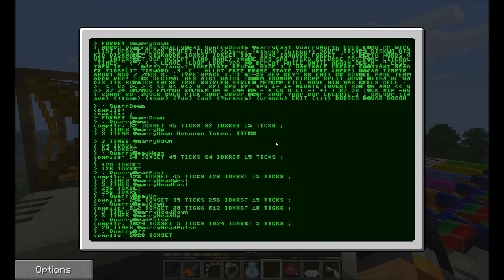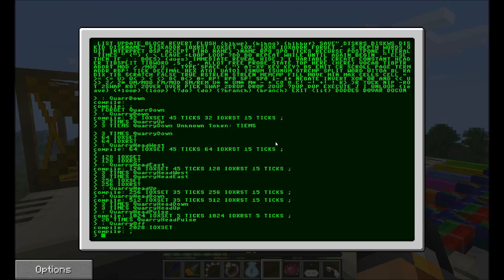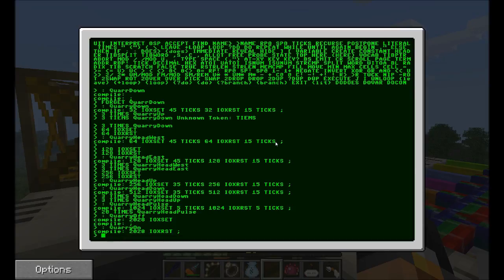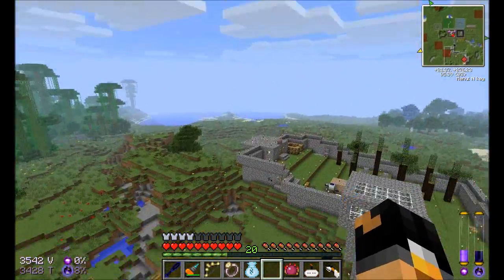Set. Now this one here is just going to basically turn that signal on, and this command here is going to reset it. So I should be able to say quarry off, and the light. Can you see that? Uh-oh.